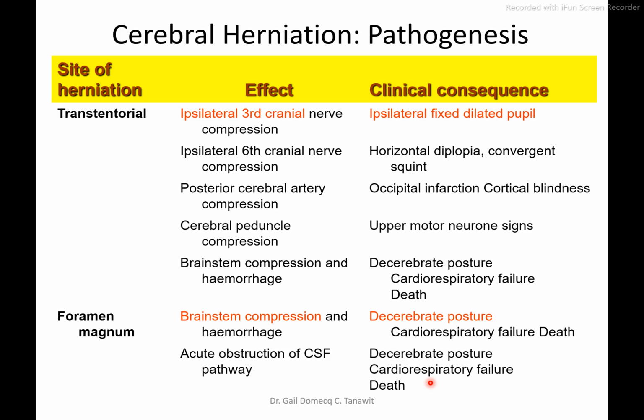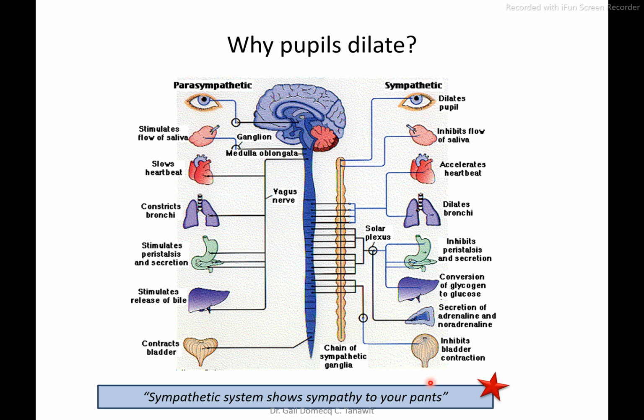For the decorticate, the elbows, wrists, and fingers are flexed, and the legs are extended and rotated inwards. Pupils will dilate because, remember, your sympathetic and parasympathetic. Unopposed sympathetic can lead to your pupillary dilatation.